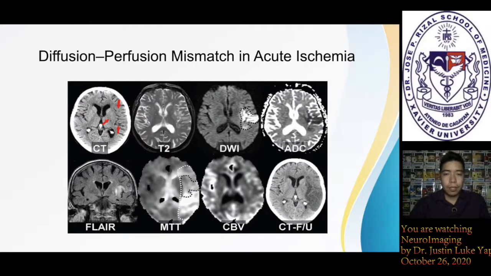Now these are just different sequences and imaging modalities of the same patient that will show us the difference in imaging and what we see per imaging modality. On CT scan, you will just see a very subtle area.